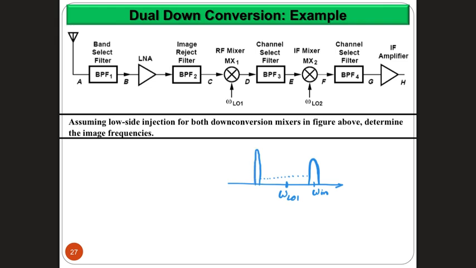So that's your image, shown as the blackened one. The first image is at 2W_LO1 minus W_IN, right?